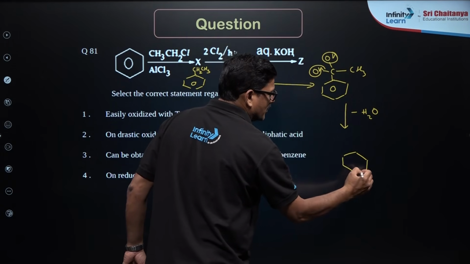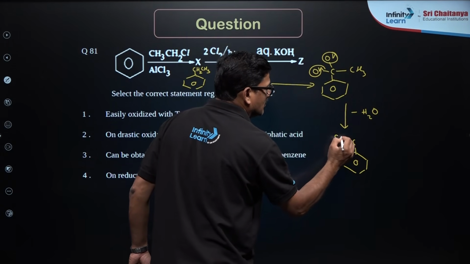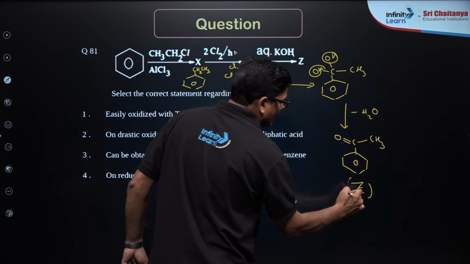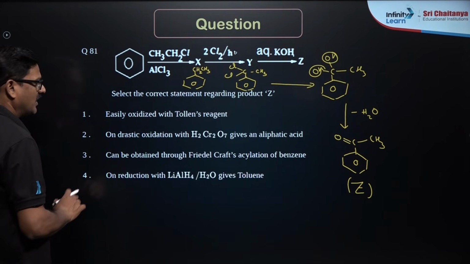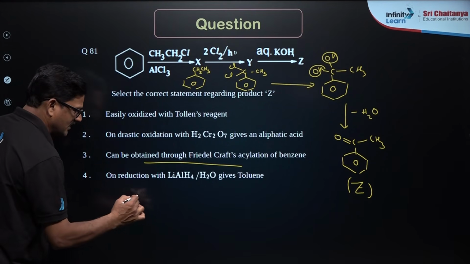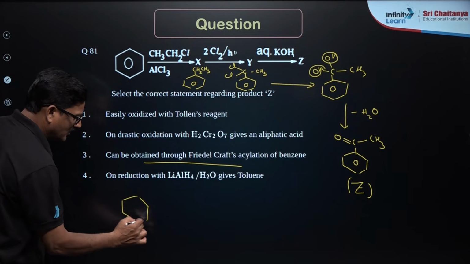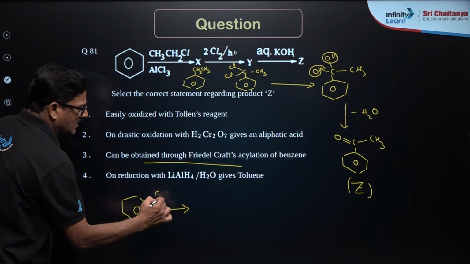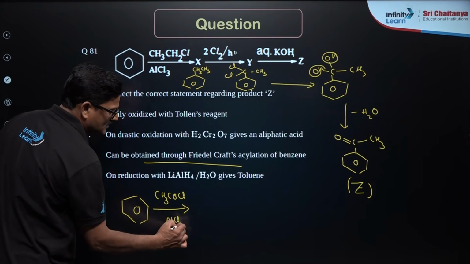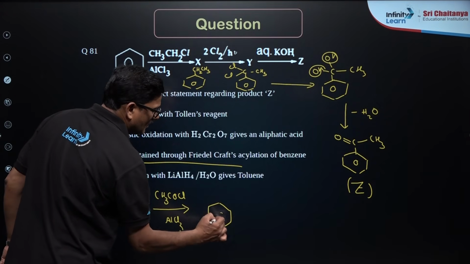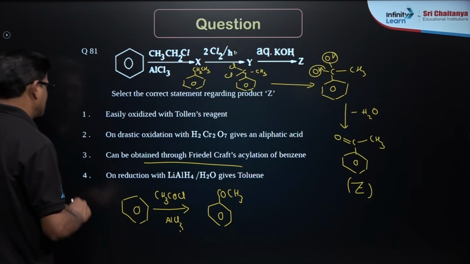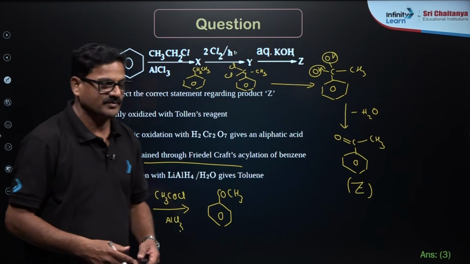It gives its corresponding C=O CH3. So this is the product Z, and this product Z can be formed through Friedel-Crafts acylation. Friedel-Crafts acylation is the benzene and CH3COCl in the presence of AlCl3, you would be getting COCH3, the same product you got here. So the answer for this question is going to be 3.